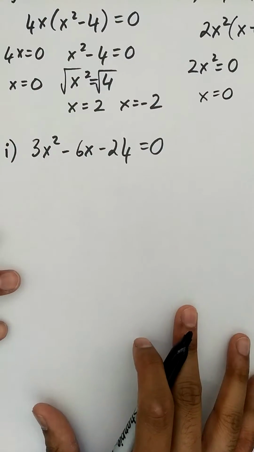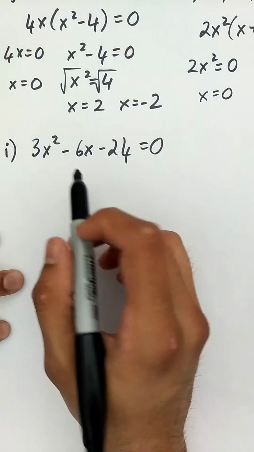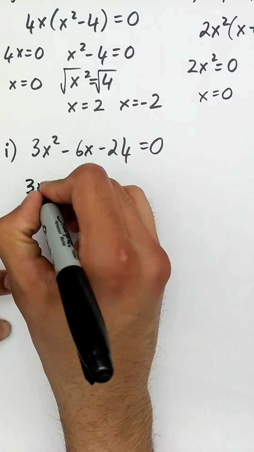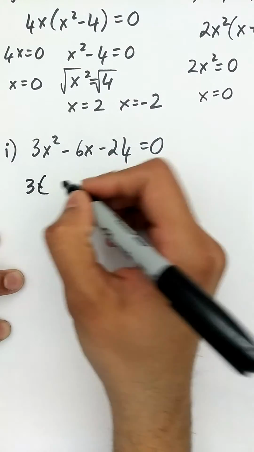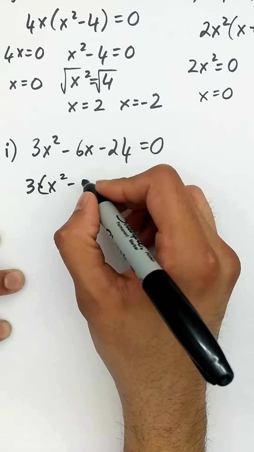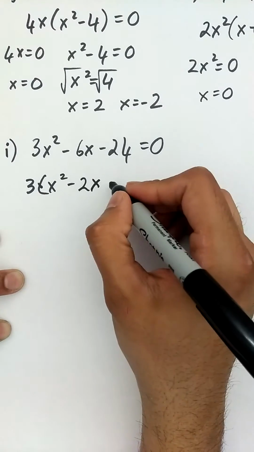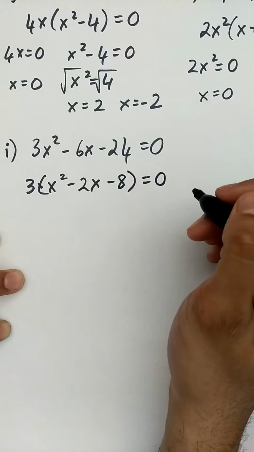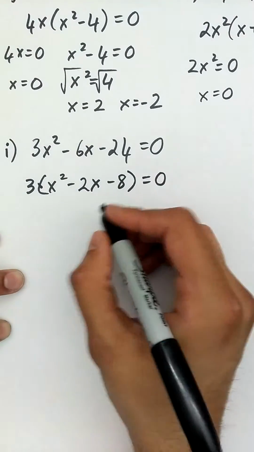And then the last one over here, again, if I look at this, it's three terms, but first I want to look for my common factor, which is 3x, or just 3. And then I have x squared minus 2x minus 8 equals 0. Then I can do my MAN method on the inside over there.